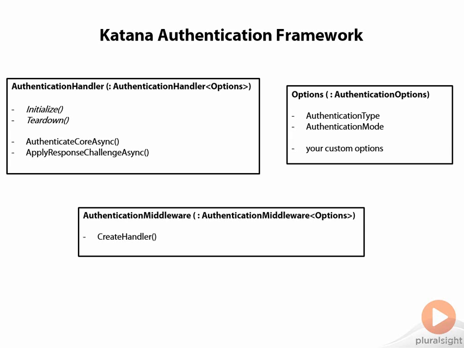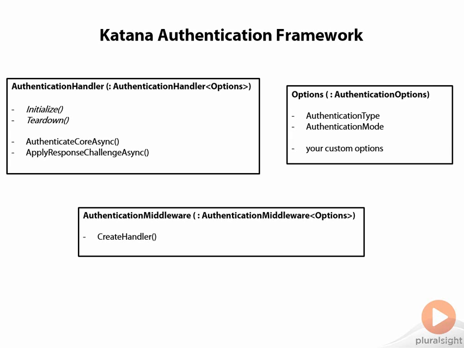And the last piece of plumbing that you have to provide is the authentication middleware. And again, you're deriving from a class called authentication middleware of T, where again the T is your options. And the only responsibility of that class really is to create the handler. So remember, authentication middleware is instantiated once per application. So the lifetime of a middleware is basically the application lifetime, but the handler has per request lifetime.